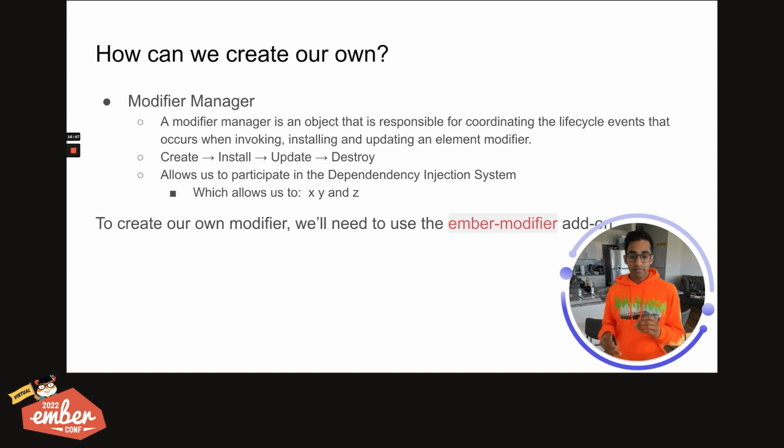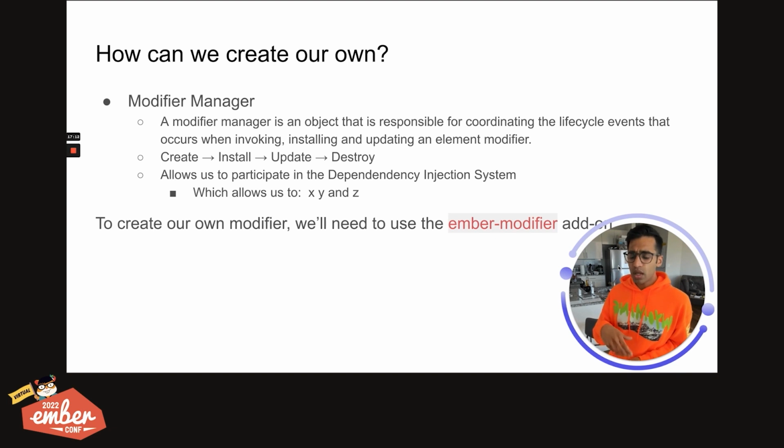And we have a lifecycle with element modifiers that we can tap into. We have its creation, so when it actually is being registered into our application. Once it's registered into our application, that allows us to tap into Ember's dependency injection system. Then there's when we actually invoke it or install it once that element is painted onto the DOM.